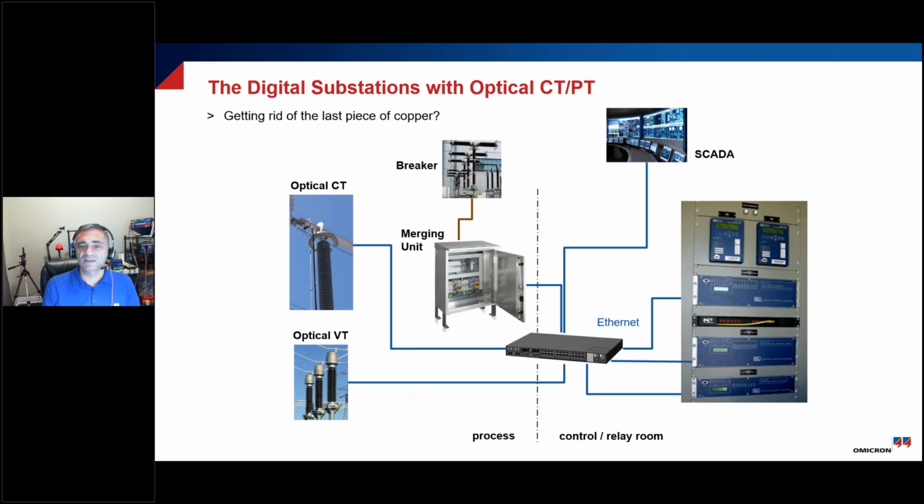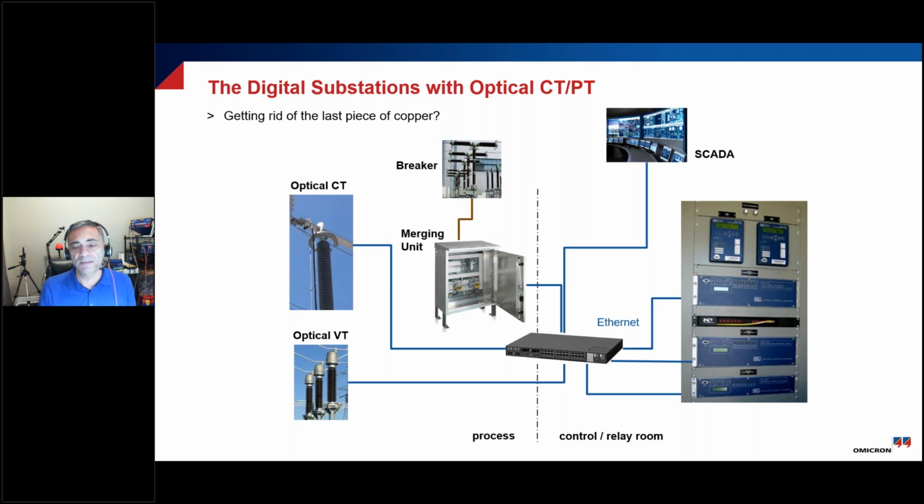The other form is to use what we call optical CTs, where they don't actually use a transformer. They're basically using a fiber optic cable wrapped around the conductor, and this fiber optic cable passes light through it, and this light changes its polarization based on the amount of current. And then there are optical VTs, which are a different process, but basically as the voltage level goes up, there's a change to the optical characteristics, and so it's able to measure the current and the voltage and digitize that information and bring it back.